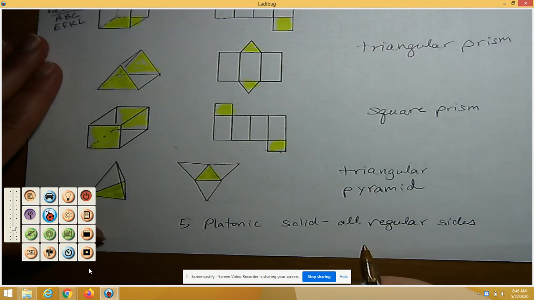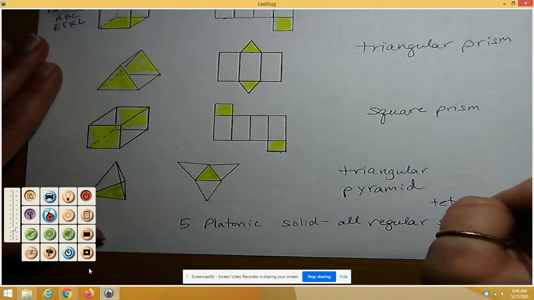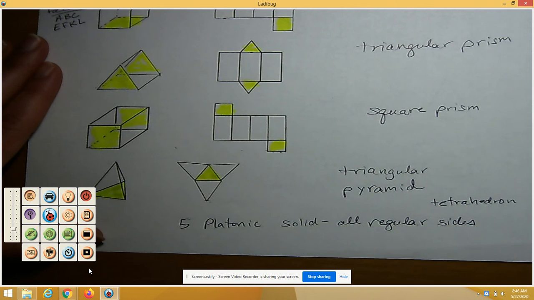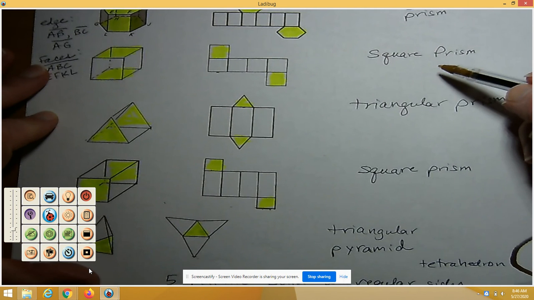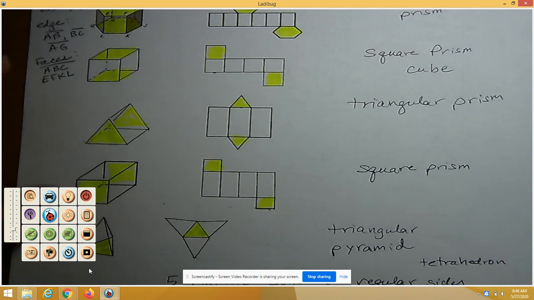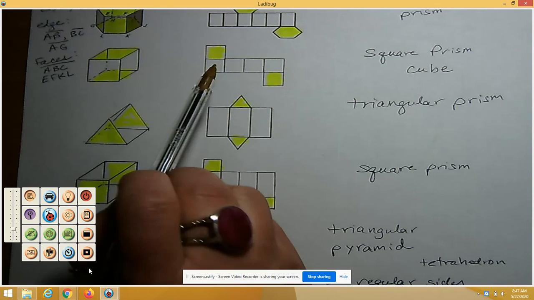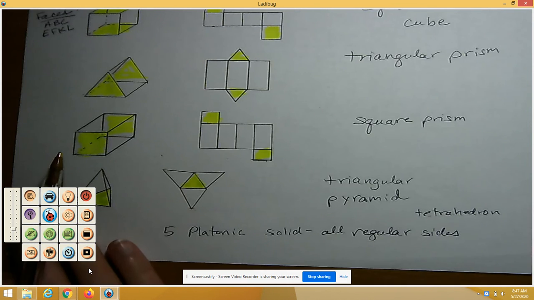If it did, then it would be a tetrahedron. And one that maybe you thought about way at the beginning was back here with this square prism. More specifically, this one is a cube, like a die. If you're playing a board game, hopefully you're playing a lot of board games right now, you can see all of the sides are congruent. So these are polyhedrons.